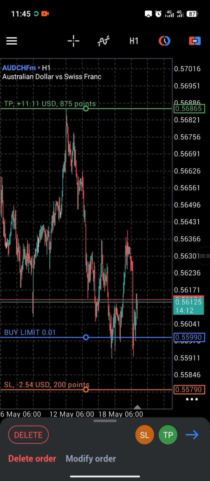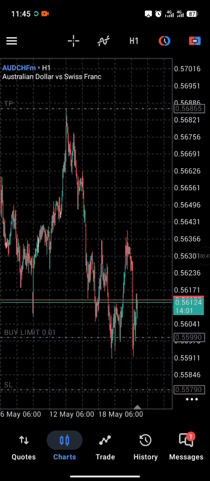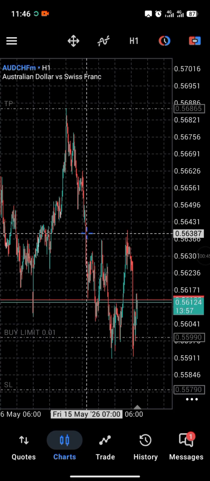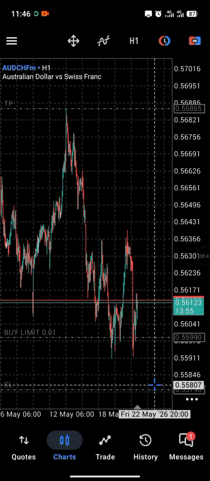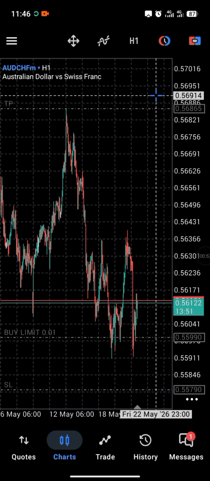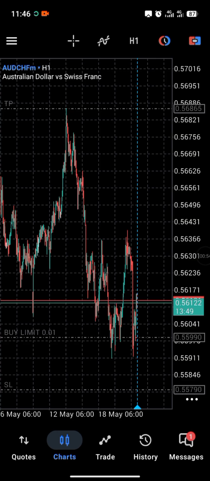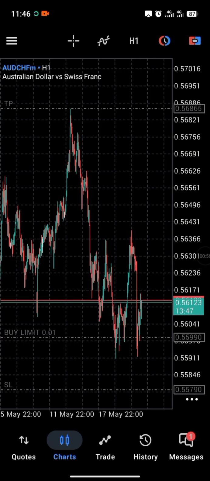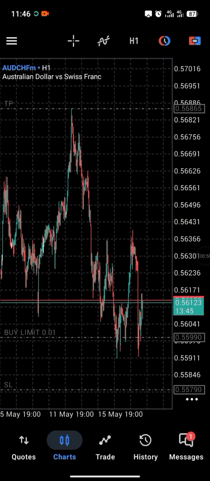You can see the entry, the stop loss and take profit. I'm risking 2.54 on this trade, so hopefully price will just come down and tap me in and hit my stop loss, or go to the upside. So there's no difference. I don't want to change the trade, but I'm not comfortable with the entry. That's one point. But I have to test it.